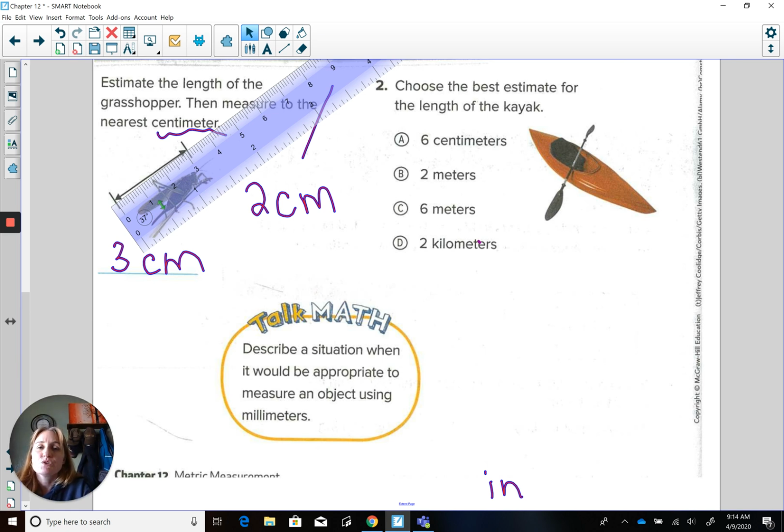Number 2. Choose the best fit for the kayak. Well, with a real kayak, you put it out on the lake while you kind of paddle along. Often people will fish right out of their kayak.